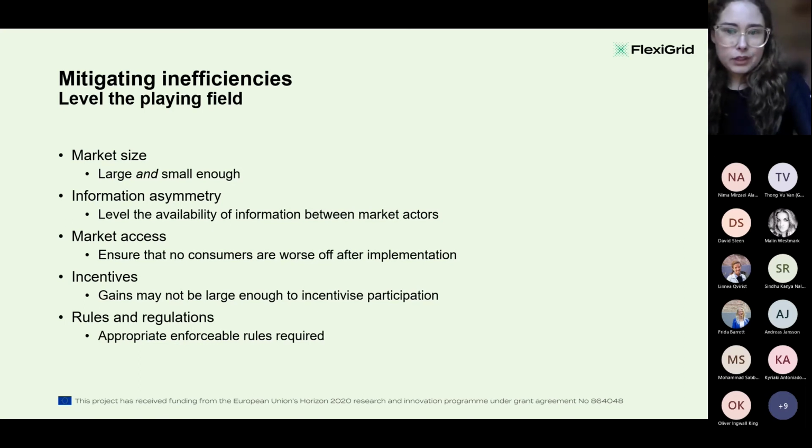Fourth, we have incentives. In some places, we have a relatively low cost of traded electricity and flexibility potential of individual actors. So gains may not be large enough for some of them to have an interest in participating.